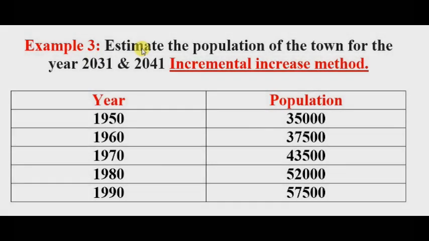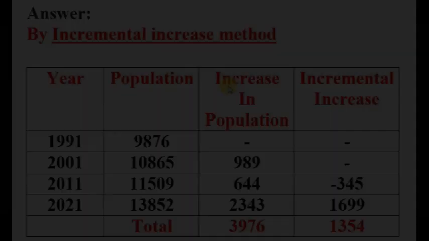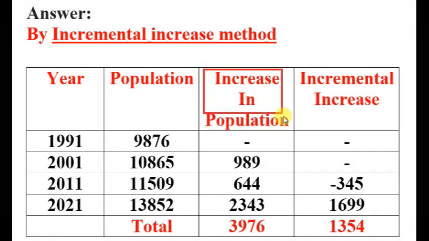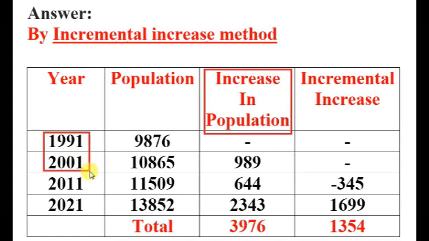Example number 3. Estimate the population of the town for the years 2031 and 2041 by the incremental increase method. Here, to find the increase in population, again we need to follow the same procedure, that is the increase in population from 1991 to 2001.